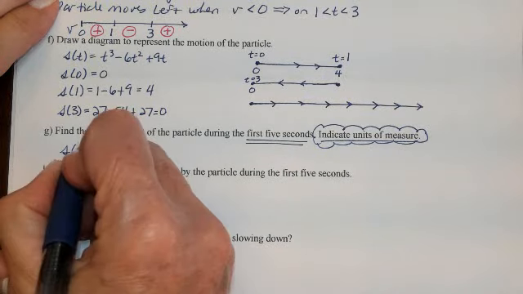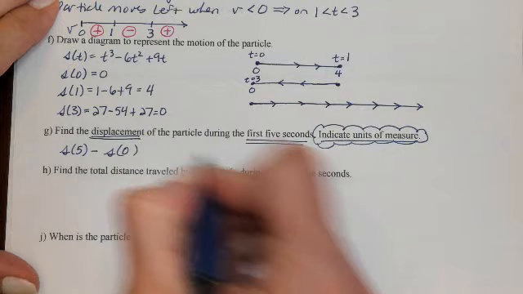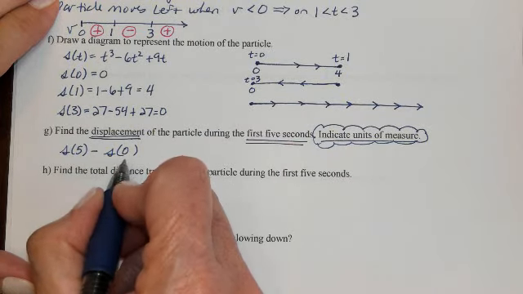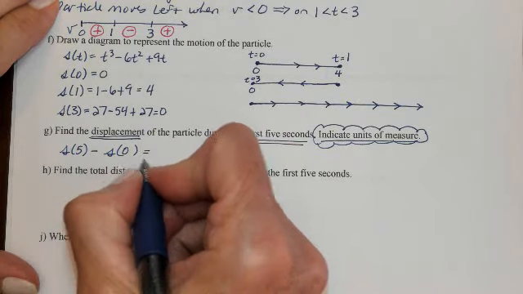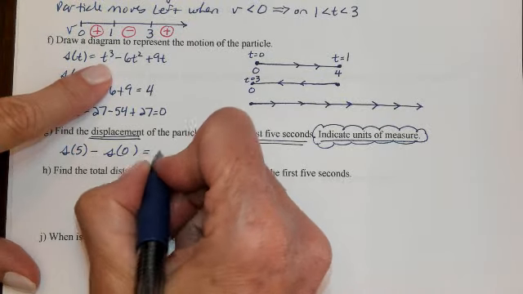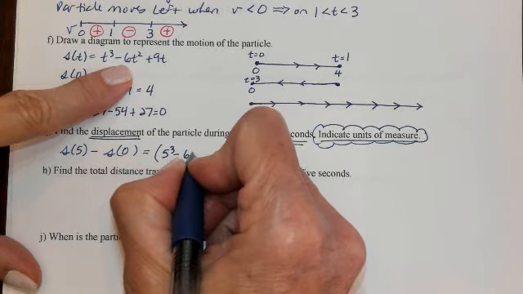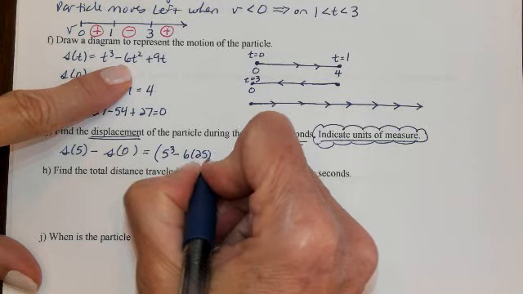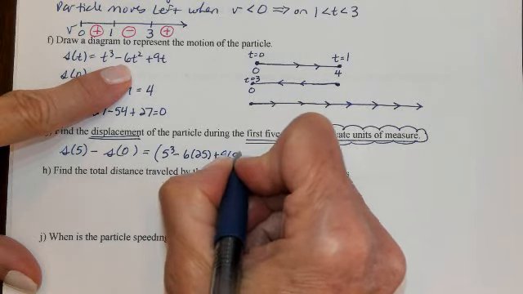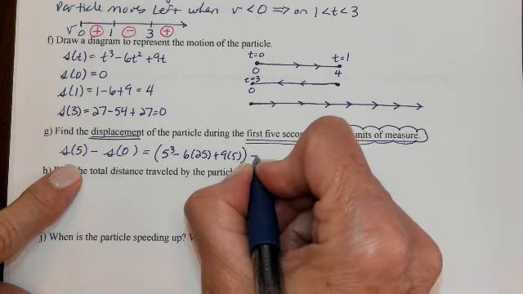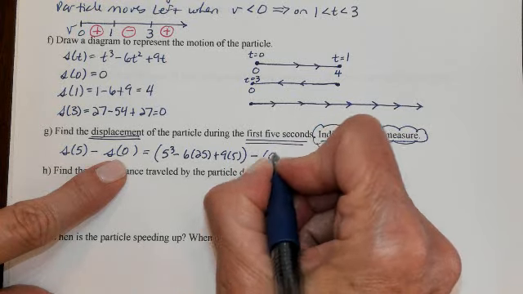At time 5. What time are we beginning? At time 0. So I need S of 5 minus S of 0. S of 5 would be 5 cubed minus 6 times 5 squared plus 9 times 5. That's S of 5, right? Minus S of 0 is just 0.